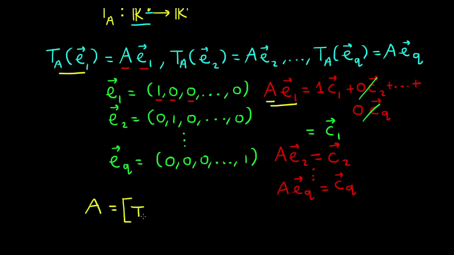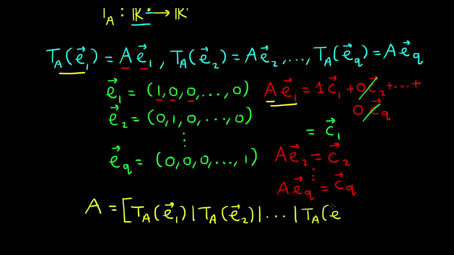So we have the transformation of the basis vector E1 augmented with the transformation of E2, and so on, which is finally augmented with the transformation of the standard basis vector EQ. Keeping this in mind, we're going to go through several examples where we develop standard matrices for a linear transformation.